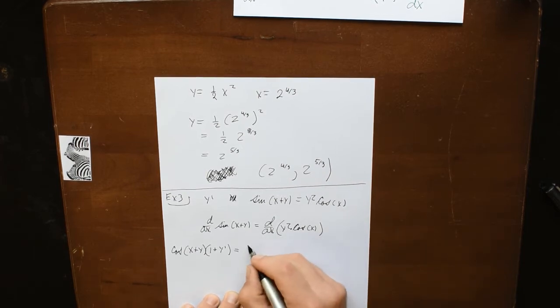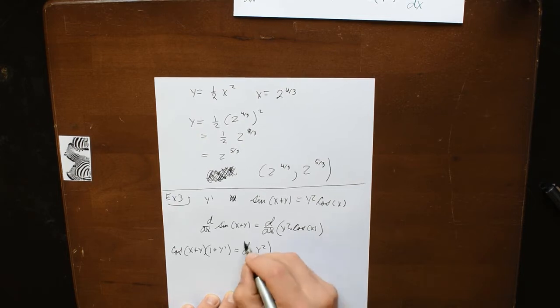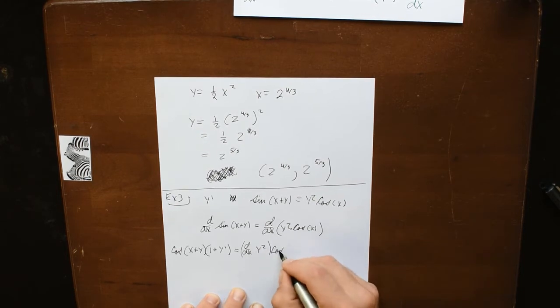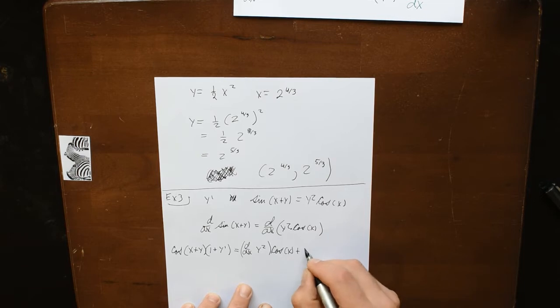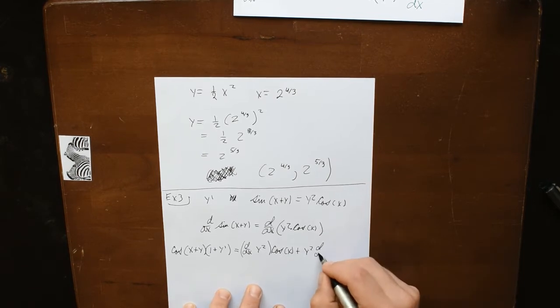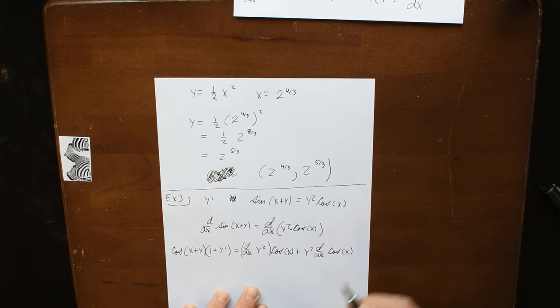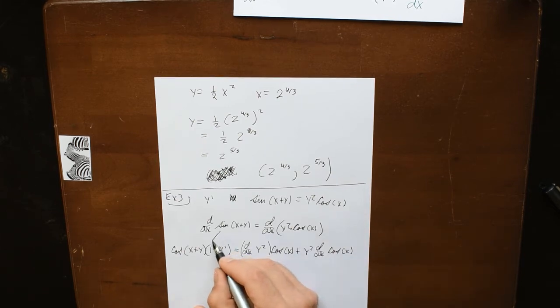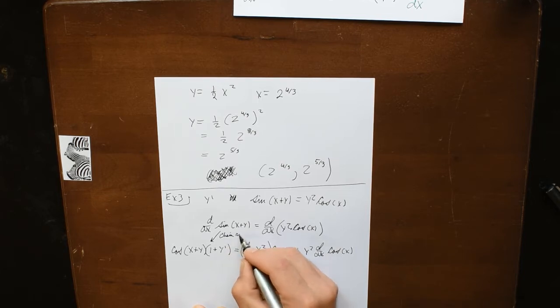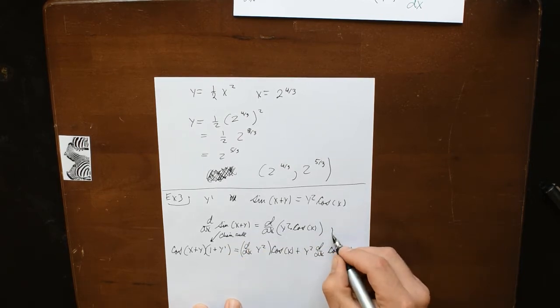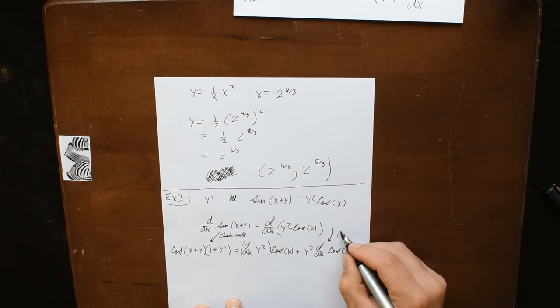So we take the derivative of our first times our second plus our first times the derivative of our second. So going from here to here, that was a chain rule. And going from here to here, that was a product rule.